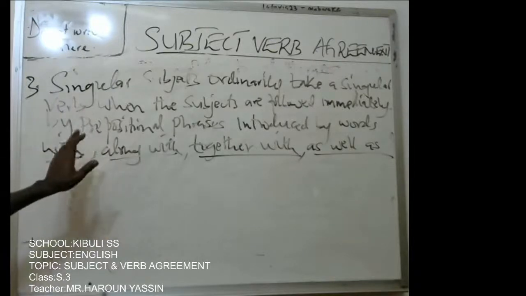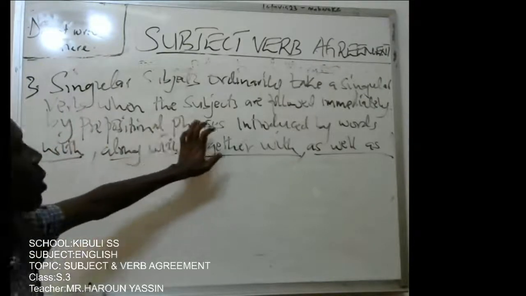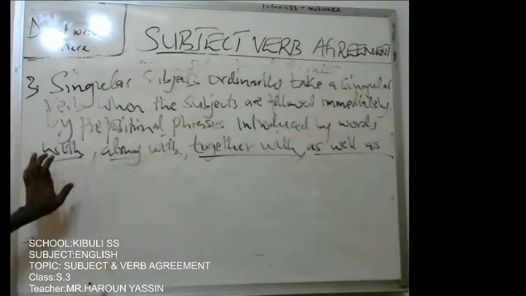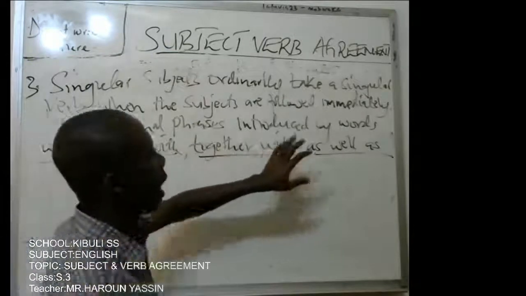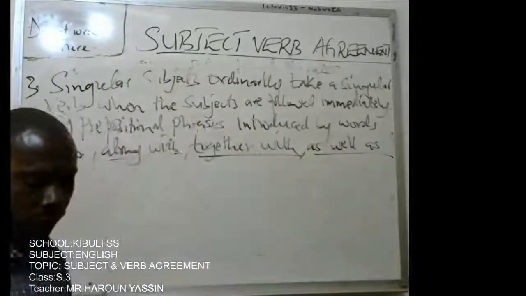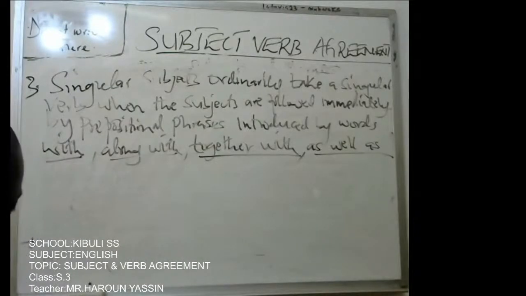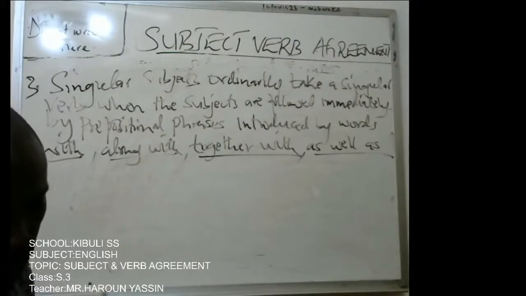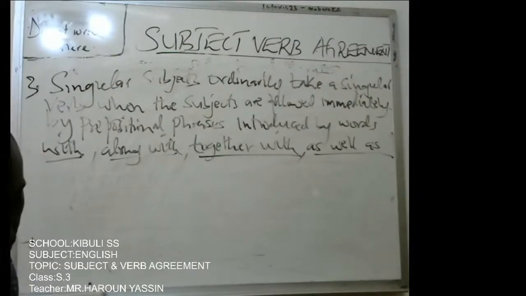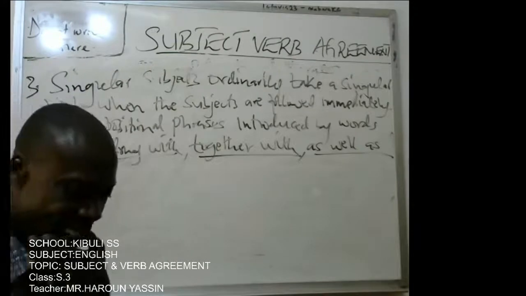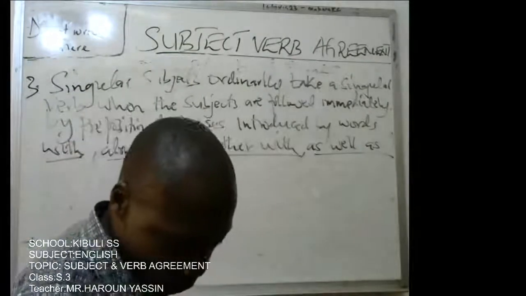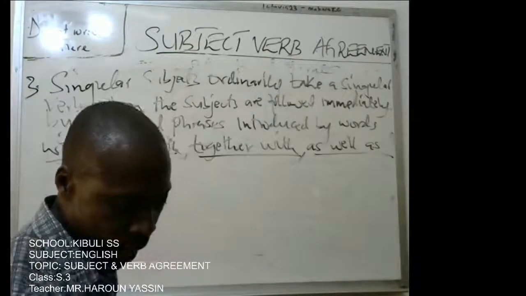So immediately after them, we saw prepositional phrases which were introduced with along with, together with, with, and as well as. So that is a rule that we need to look at very, very closely. I have a set of other sentences here, and I would want us to look at them.